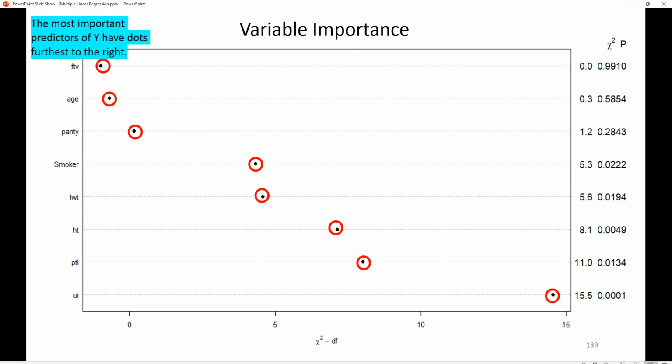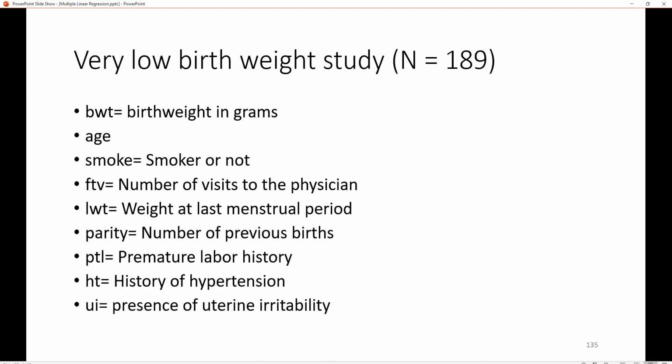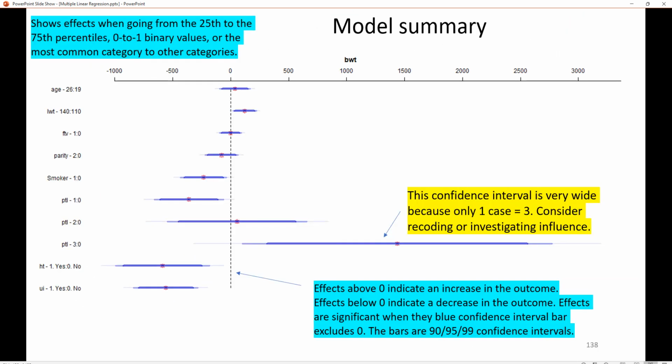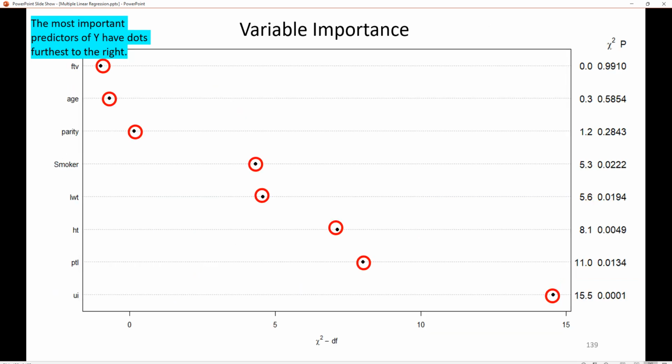And when we look at variable importance, the most important predictors of Y have dots furthest to the right. So we see that uterine irritability, and let me see what PTL is, premature labor history, history of hypertension, last weight, those are all significant predictors, as well as the smoker indicator.